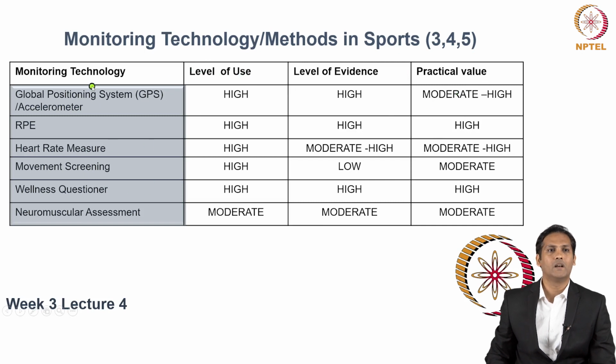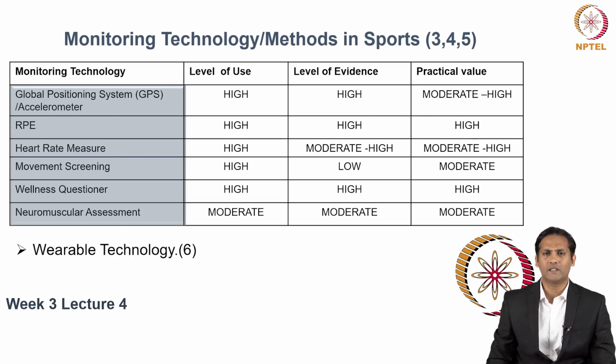Among the given technologies and methods of sports monitoring, global positioning system or accelerometer, RPE, movement screening, and wellness questionnaires are at the highest level of use with the highest amount of evidence, except for the movement screening, and are of more practical value.